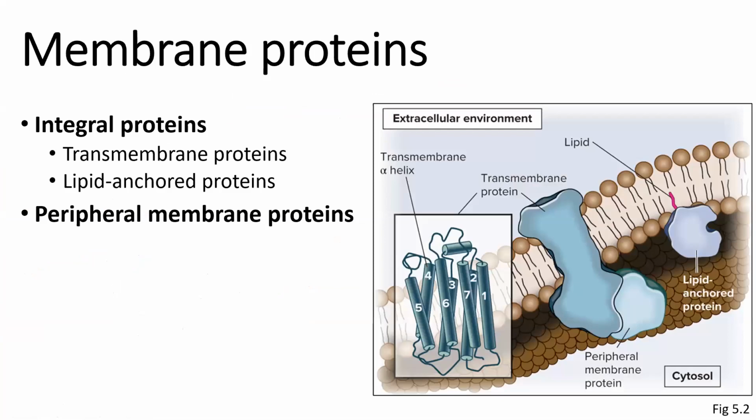So I mentioned the membrane proteins. It's one of the first things that we're going to talk about. Membrane proteins. You have two types. You have integral proteins, and then you have peripheral membrane proteins. The integral proteins are transmembrane proteins. Trans, across, membrane. So it's crossing the membrane.